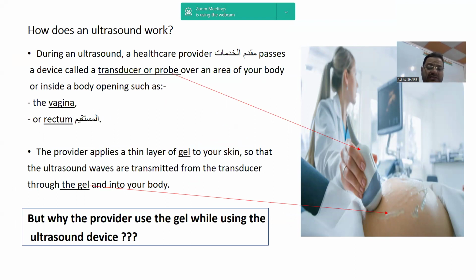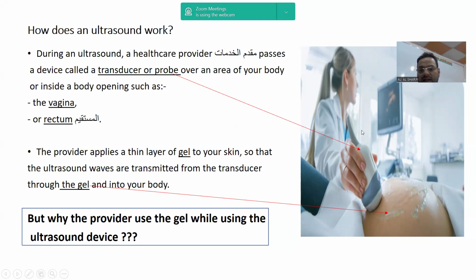During an ultrasound, the healthcare provider passes a device called the probe, like I said before, over an area of your body or inside a body opening such as the vagina or rectum.